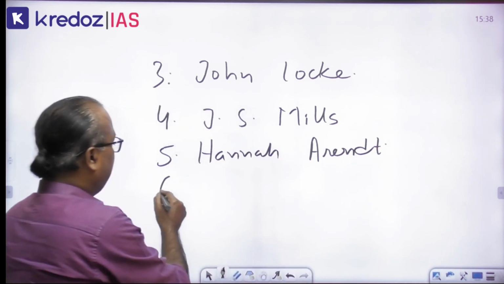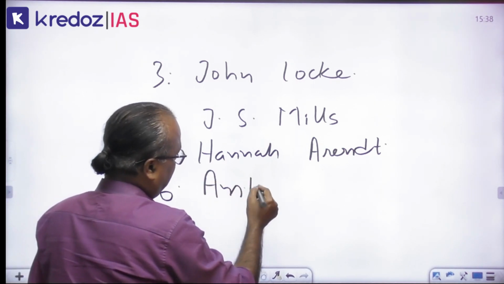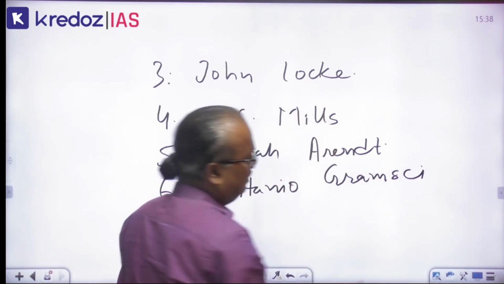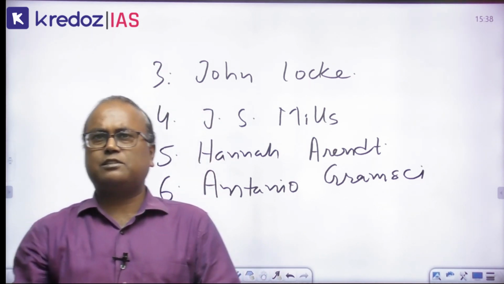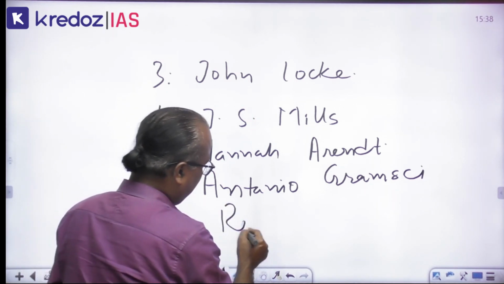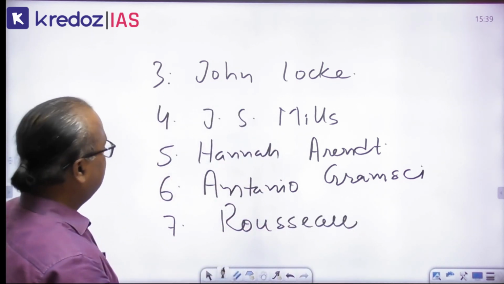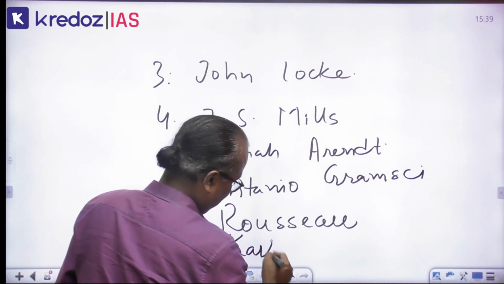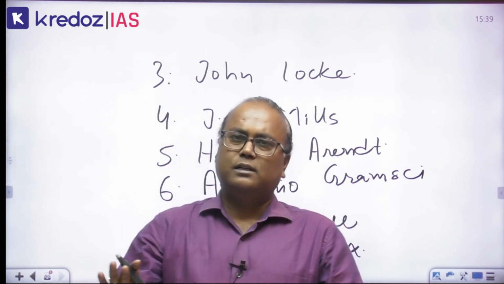Now the sixth one is Antonio Gramsci. After finishing Antonio Gramsci, we will go for Jean-Jacques Rousseau. And last, the eighth one is Karl Marx.